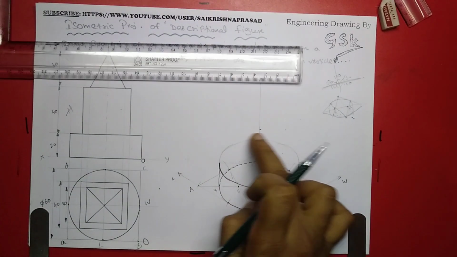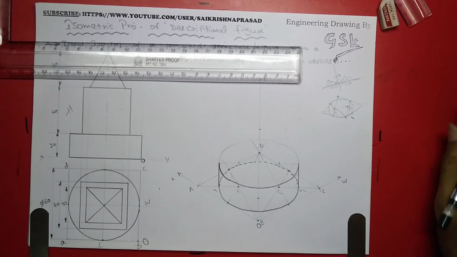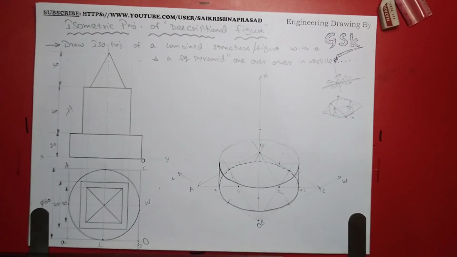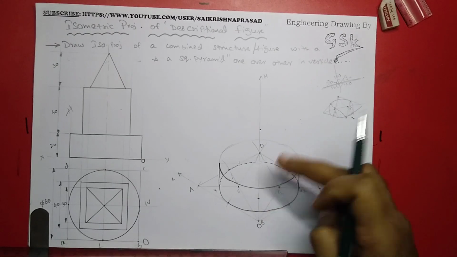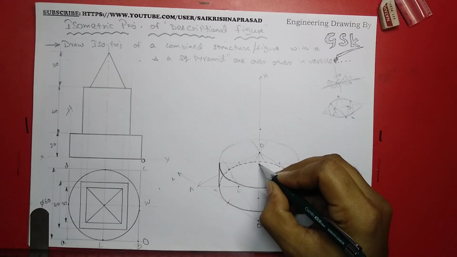And coming to this, I'll draw the cube, then I'll draw the hidden lines for that. So where is the cube? That is placed right over the cylinder. So we have to find the center point of the cylinder.